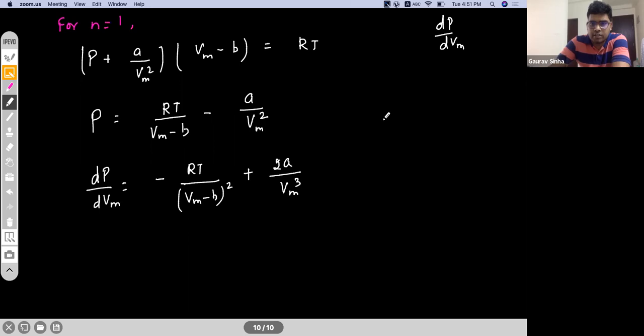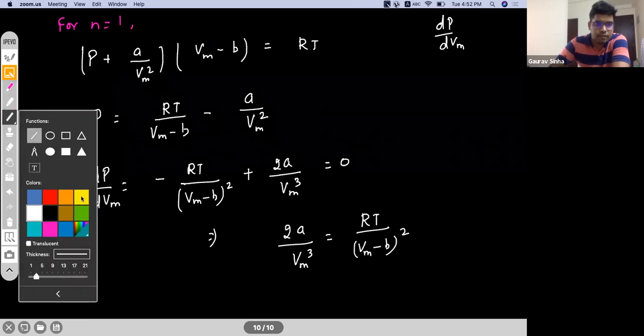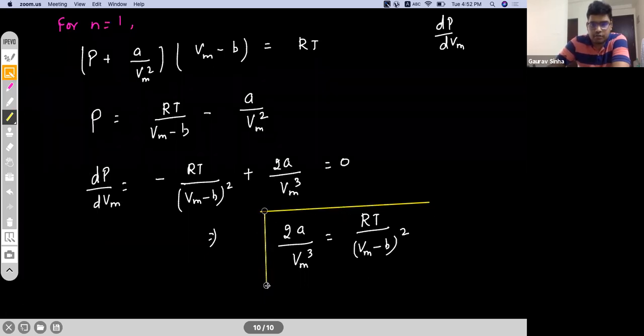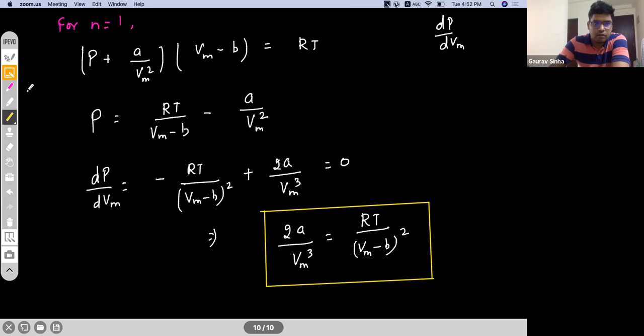Since the condition is dP by dVm equals 0, we equate this to 0. So we get 2a by Vm cube equals RT by (Vm minus b) square. How many of you understood this? This is the first relation. It's not done yet, but yes, the first relation is this. We call this equation 1.